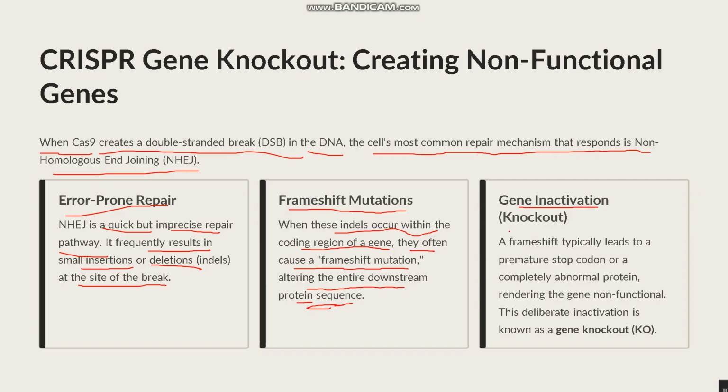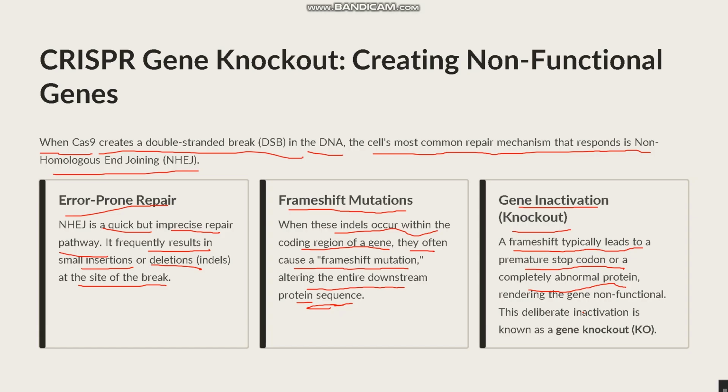Gene inactivation, knockout: a frame shift typically leads to a premature stop codon or a completely abnormal protein. In non-homologous end joining gene knockout, we actually inactivate the gene.